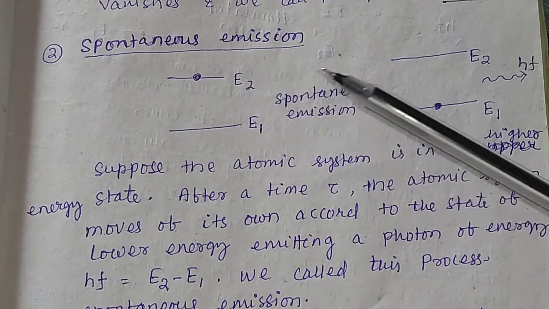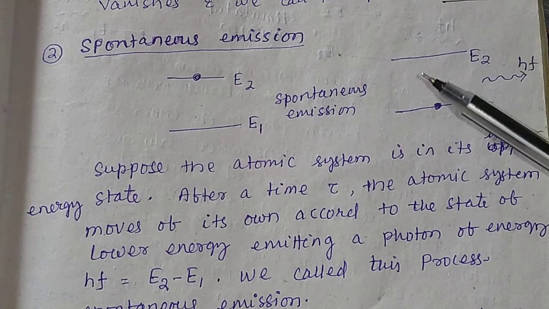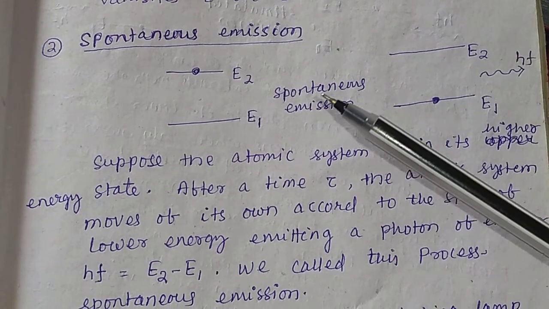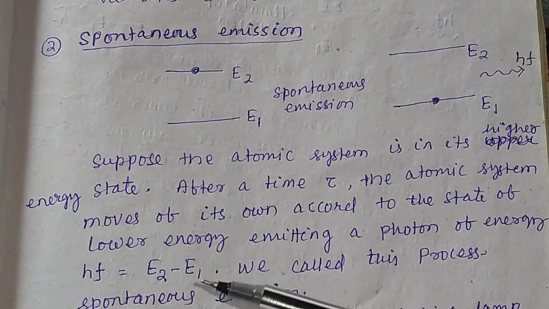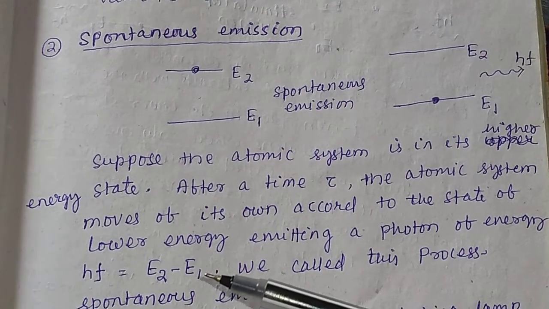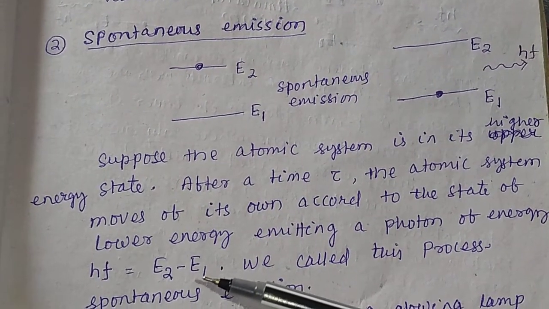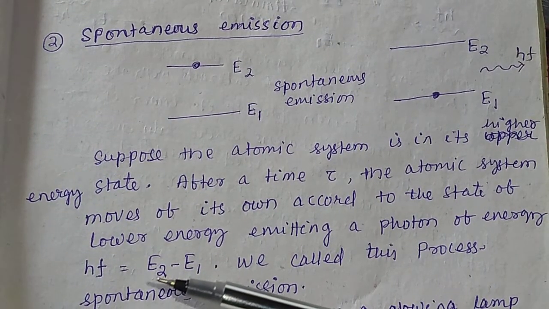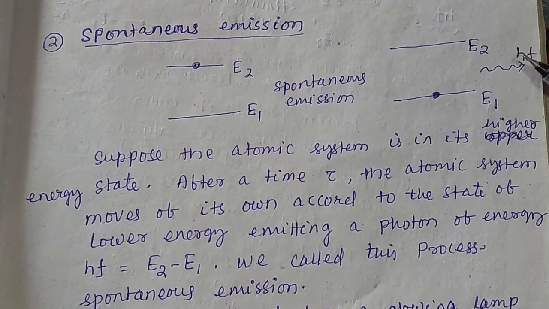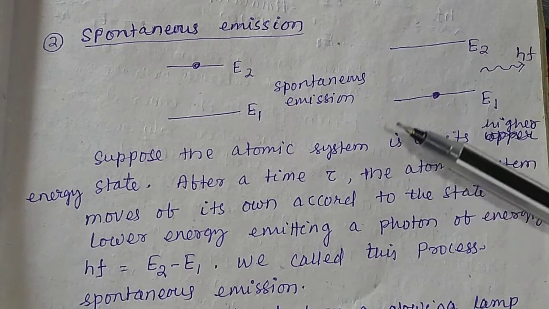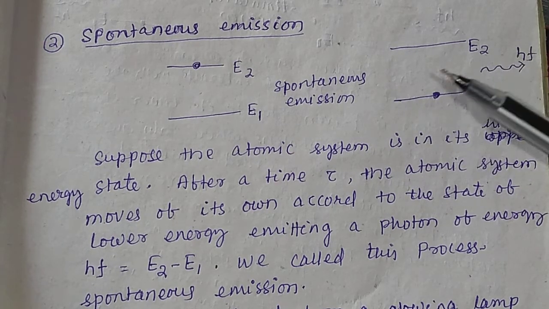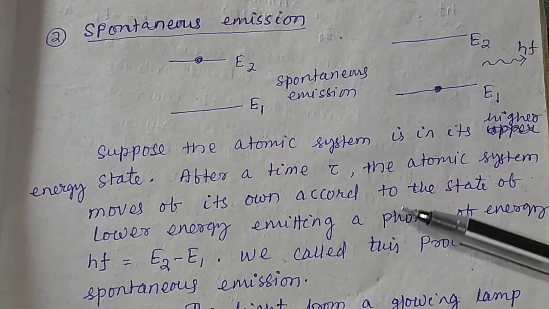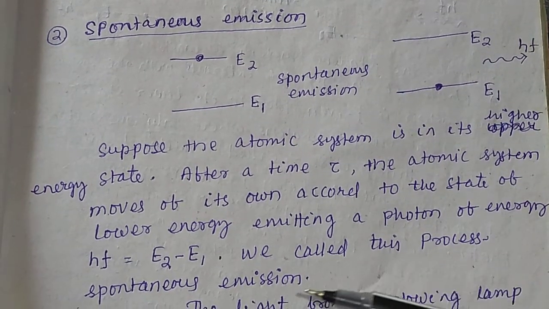That means the atomic system changes from E2 to E1. The difference in energy is E2 minus E1, which is equal to hf, the energy of the radiated photon. So radiation of a photon takes place of its own accord, and we call this process spontaneous emission.